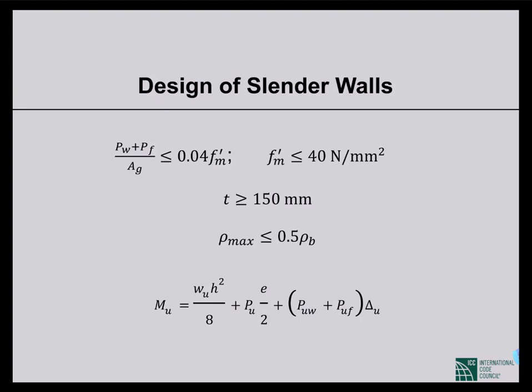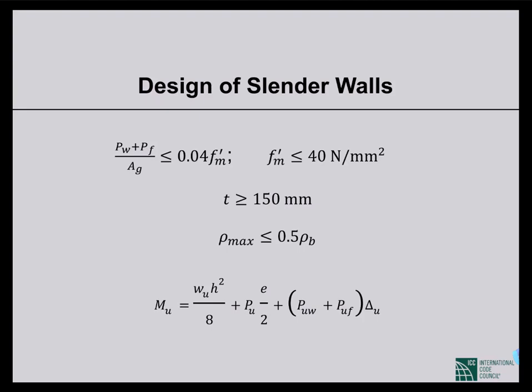Now, in this case, we can go for slender wall. Again, even if we go for slender wall, the wall thickness cannot be less than 150 millimeters. So minimum wall thickness for a non-slender type of construction is 250 millimeters, but minimum wall thickness for slender type of construction is 150 millimeters. For slender type of construction, we have to check the design using strength design method.